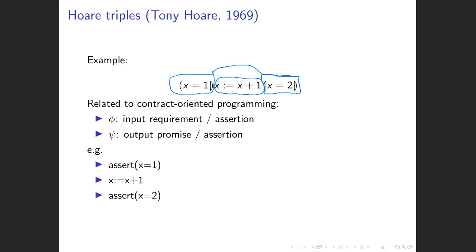If this is a trivial example, you're going to come up with this idea: let's make a program which takes the current value of x, adds 1 to it, and assigns the value of that to the new x. So there's actually quite a lot going on there when you really think about it. So now you have what is called a Hoare triple.